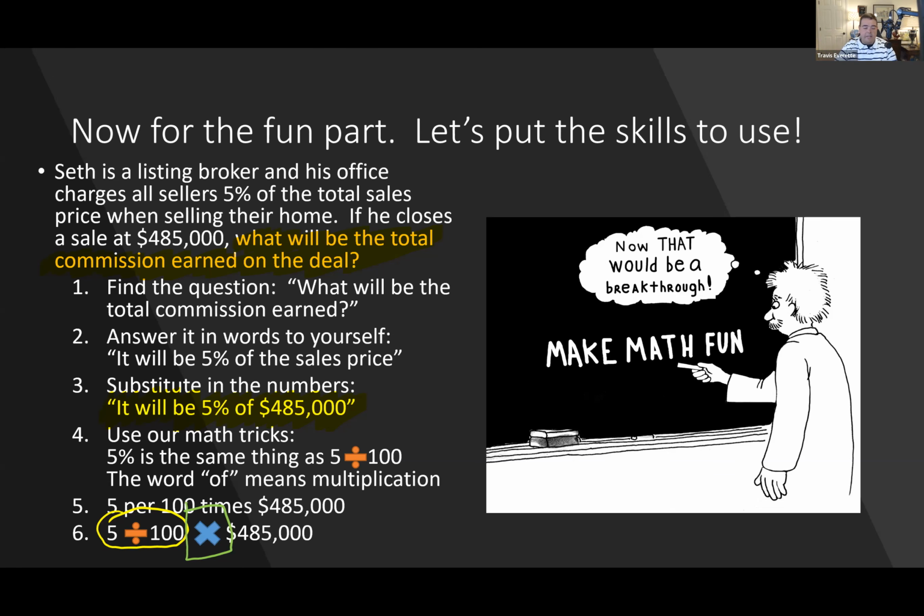Oops, sorry, I hit equal too many times. 5 divided by 100 times 485,000 equals $24,250.